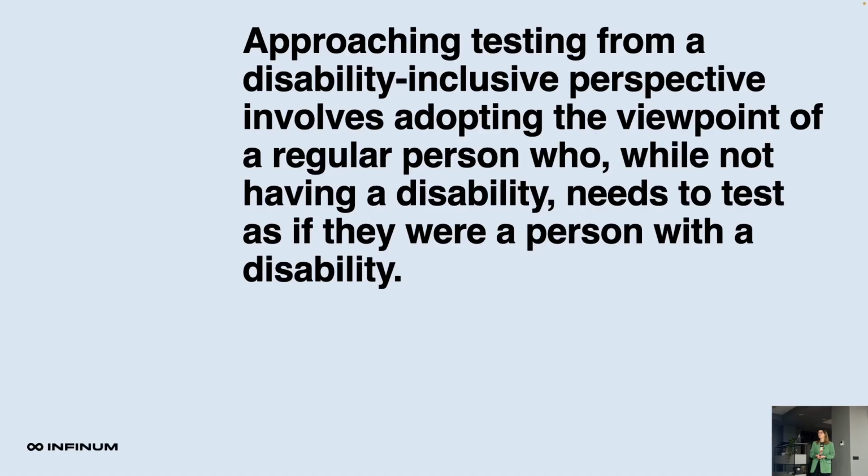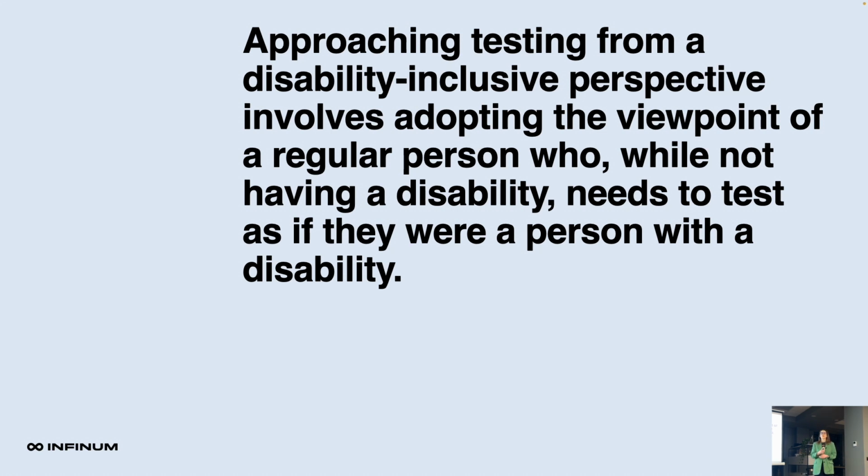For the introduction, I put what I would say is a definition of accessibility testing. Basically, what we need to do as software testers is to put ourselves in the shoes of people with disabilities, which is really hard because you have to take into consideration a lot of different disabilities.